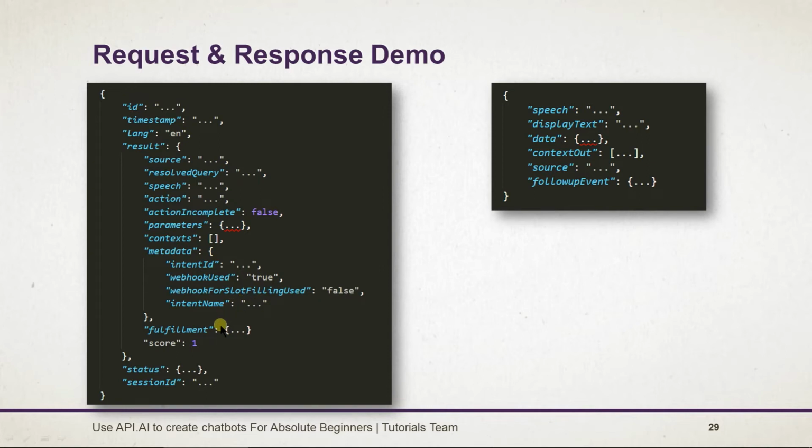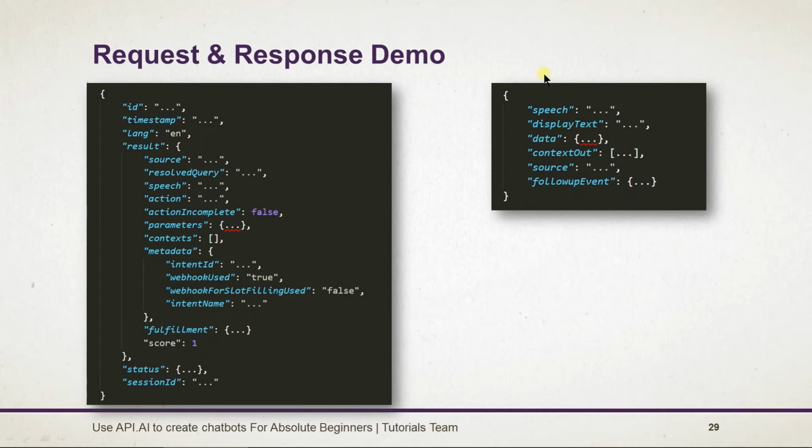Fulfillment contains the data about the response, but in the case of the request it will obviously be blank. Note that when we are creating a client using the API.AI SDK, we will get the entire request object, not only the response. The request object itself contains the response in the fulfillment.